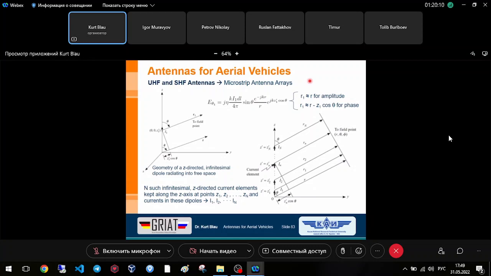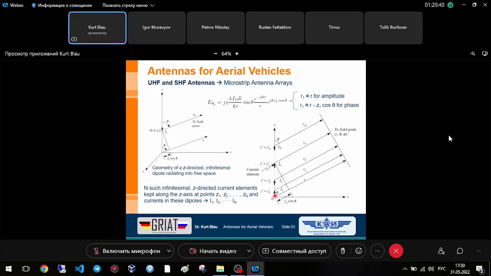We can choose R1 in principle as a common R without index for amplitude or magnitude, or this difference defined on the next slide, I think, in case of phase, if you want to compare or add the phase.